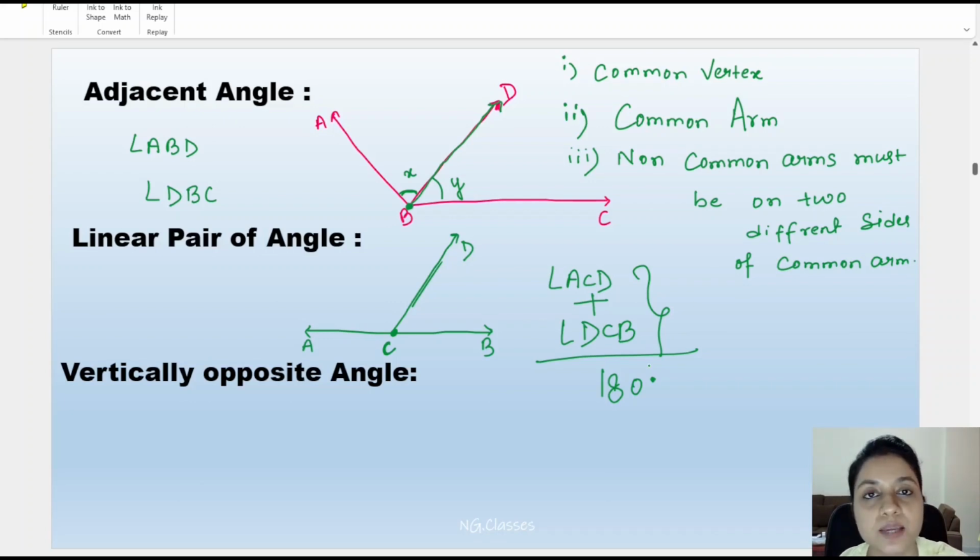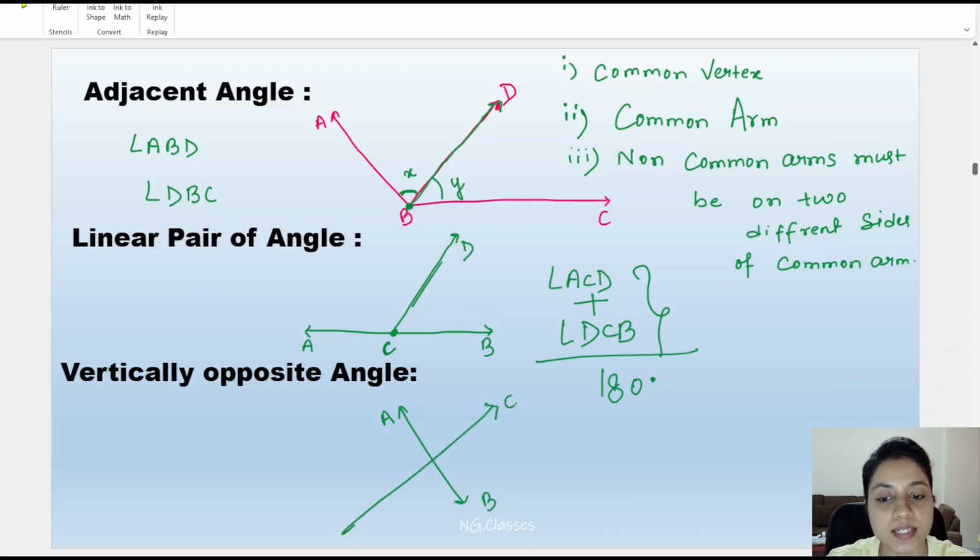Here the next concept is vertically opposite angles. When two lines are intersecting each other, let's say line AB is intersecting line CD, then we will get two pairs of vertically opposite angles here.